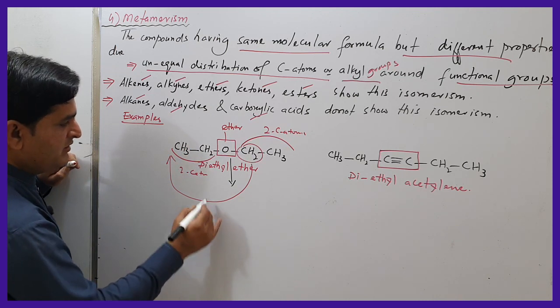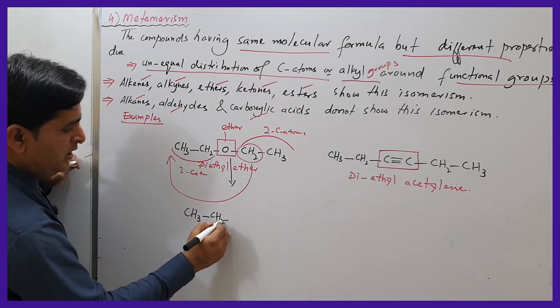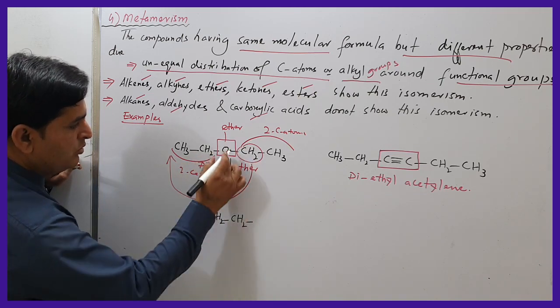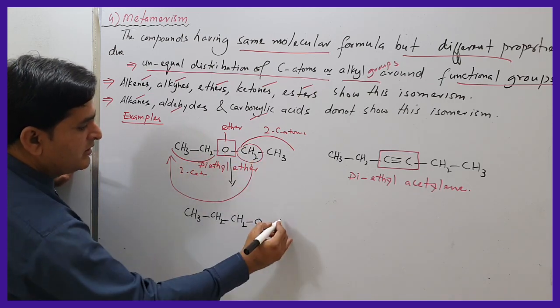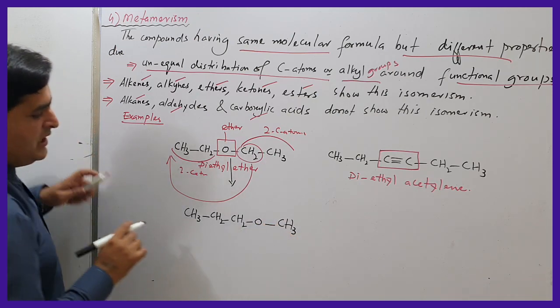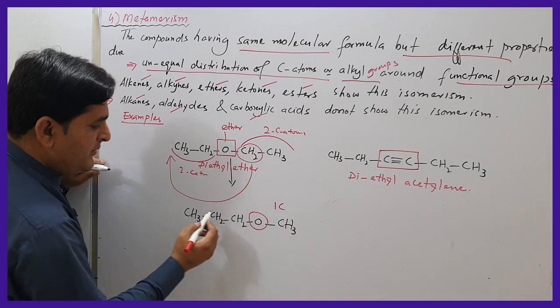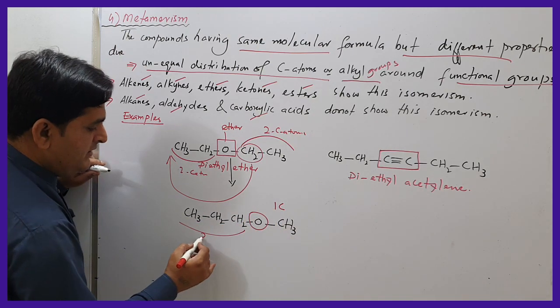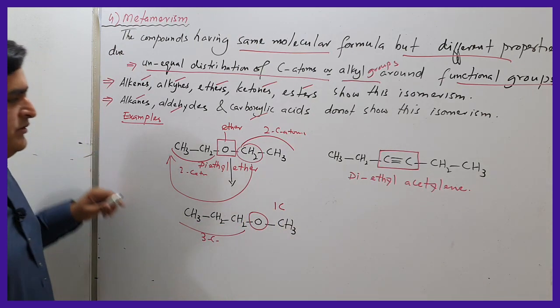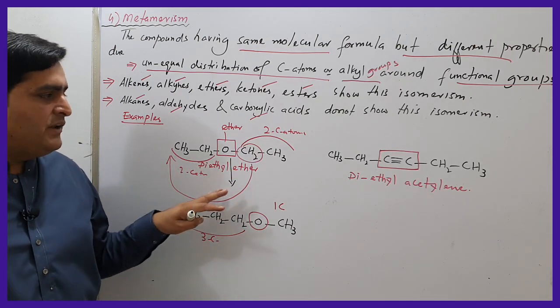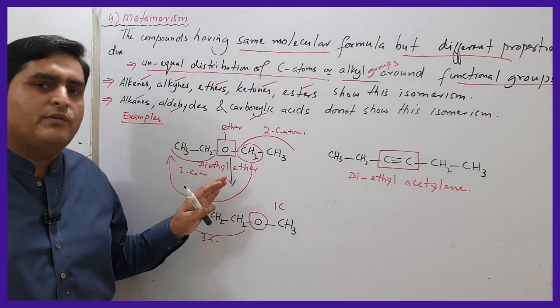So it becomes CH3CH2CH2O and the remaining CH3. Now this is the functional group, here there is 1 carbon atom, and on this side there are 3 carbon atoms. So both have the same molecular formula but different properties due to unequal distribution of carbon atoms.